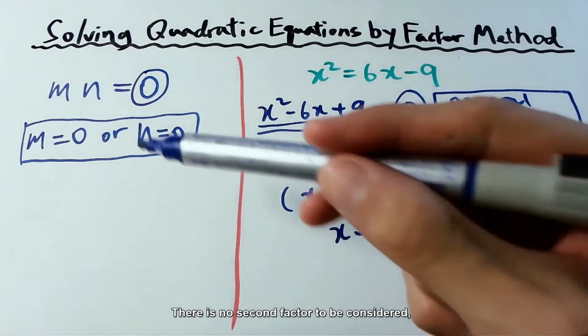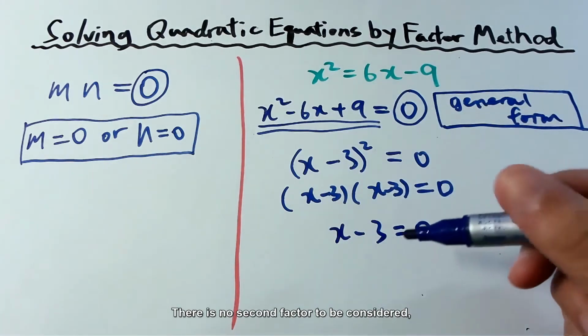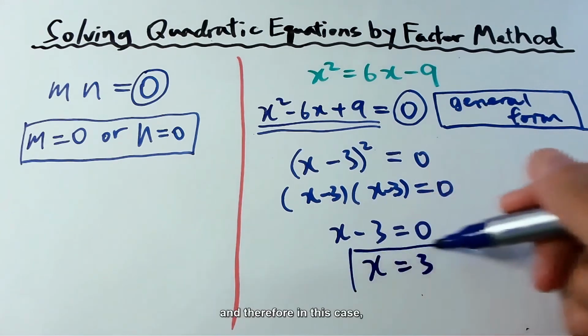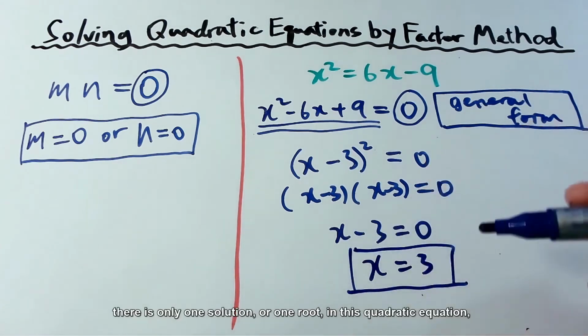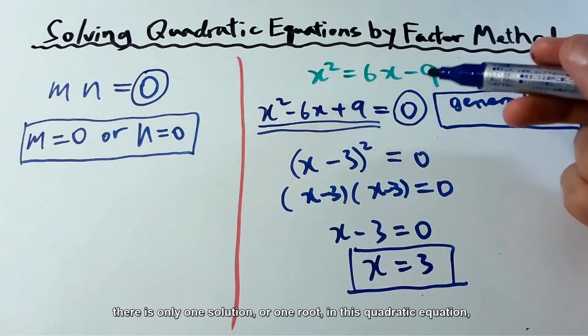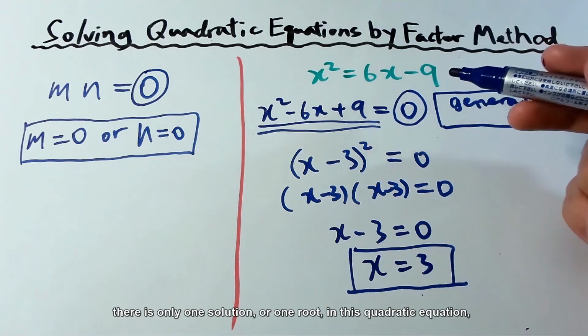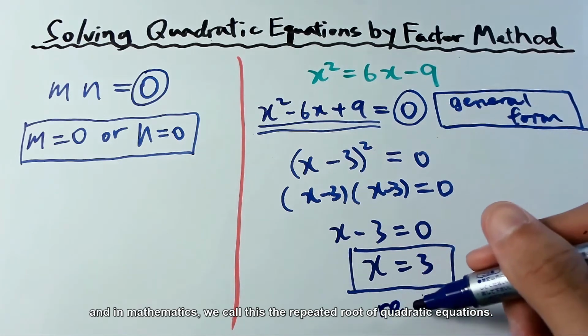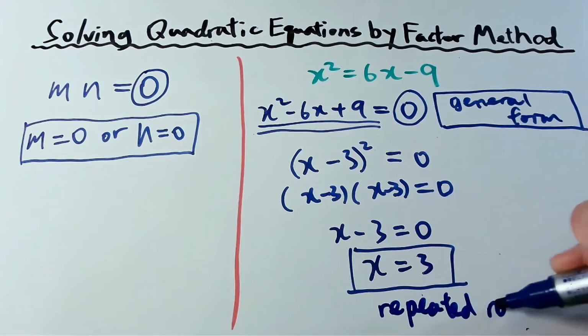There is no second factor to be considered. So we should know that x is equal to 3. And therefore, in this case, there is only one solution or one root in this quadratic equation. And in mathematics, we call this the repeated root of quadratic equations.